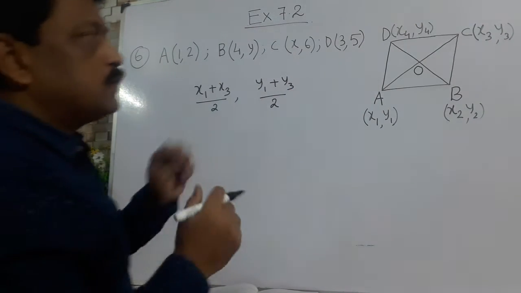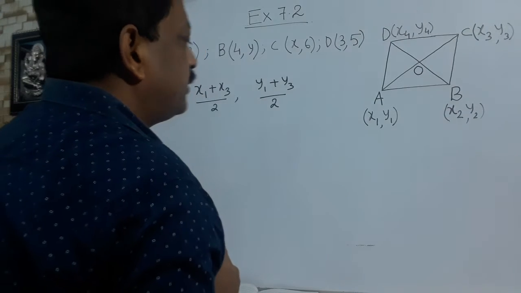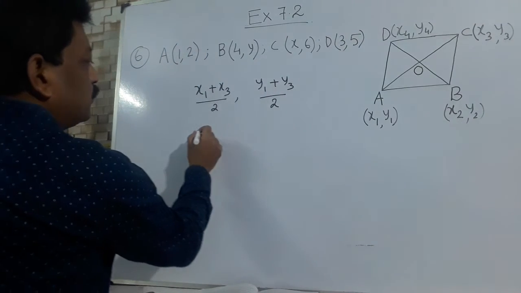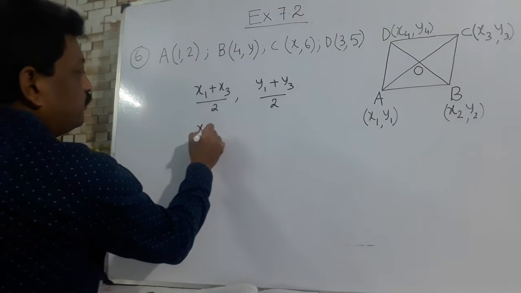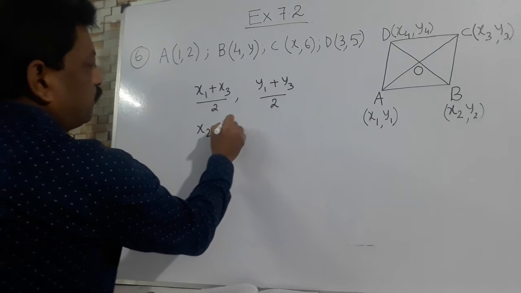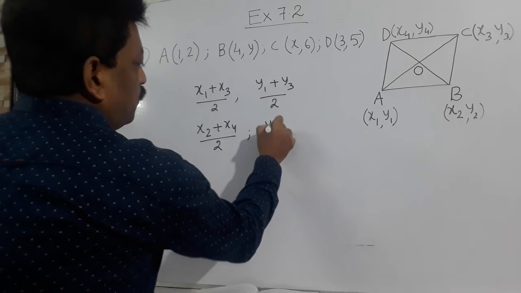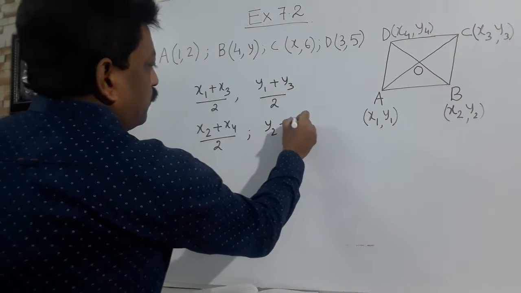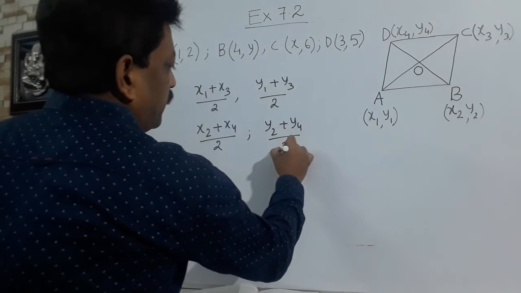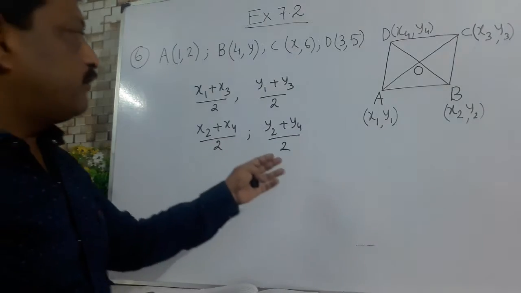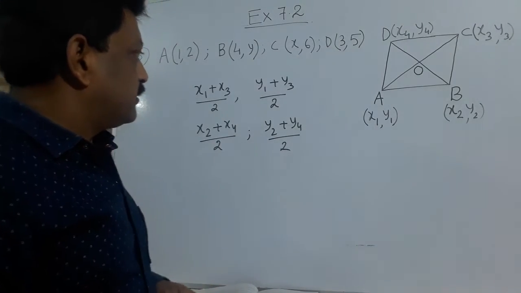Now O is also the midpoint of the diagonal BD. So the coordinate of O can also be written as (x2 plus x4) by 2 and (y2 plus y4) by 2. This is the midpoint formula. We have learned about this in the previous section.